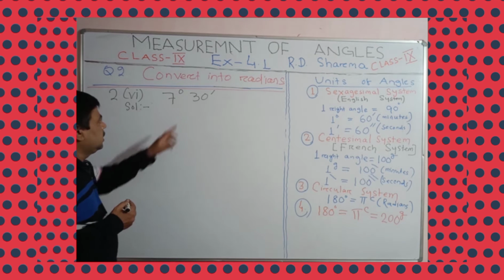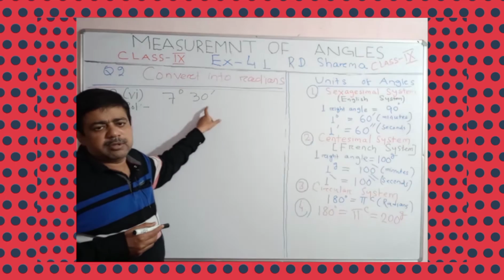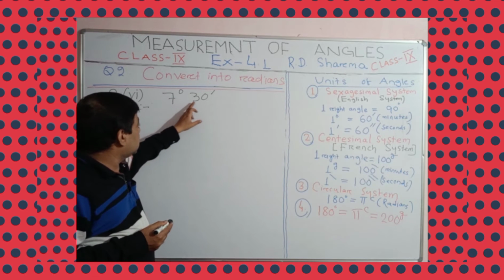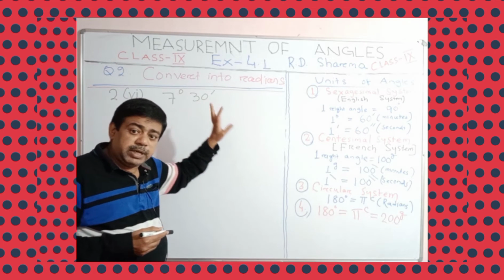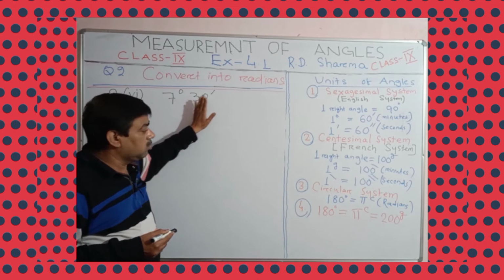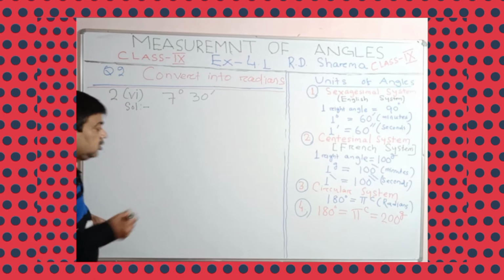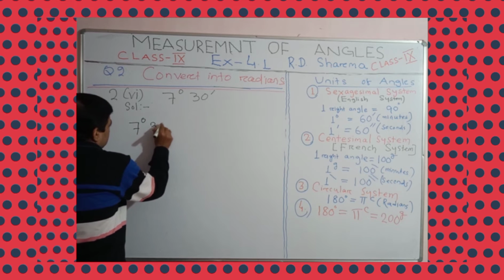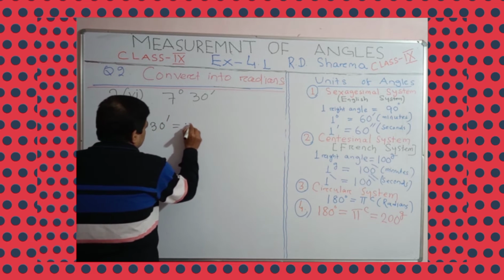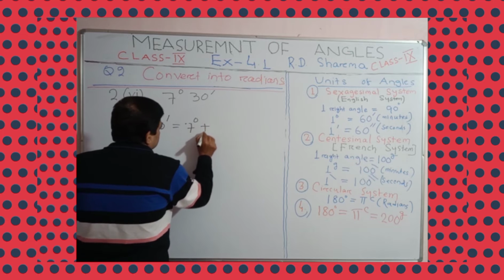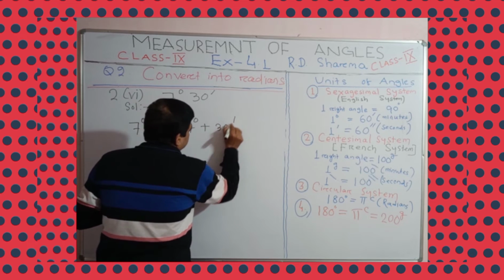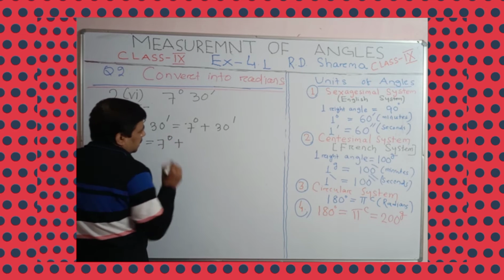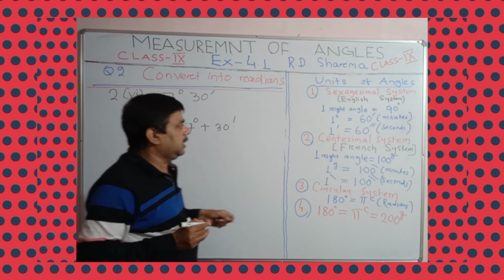First of all, you see this 7 degree 30 minute. First you have to convert the minute into degree. Suppose given 7 degree 30 minute, what will we do here? 7 degree plus 30 minute. Again 7 degree, and this 30 minute we can convert into degree.